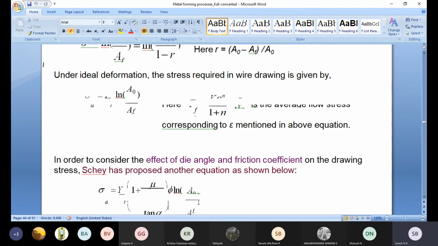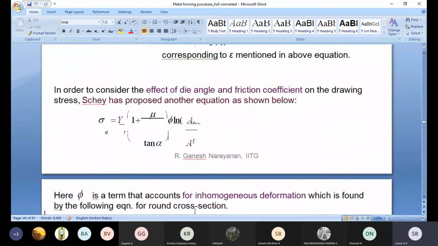Alpha is the die angle or taper angle. Phi is the angle maintained along x direction after reduction between the die and the workpiece. A0 is the original cross sectional area of the specimen and Af is the final cross sectional area of the specimen.